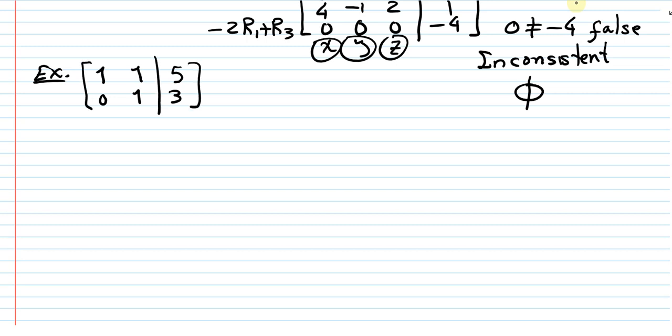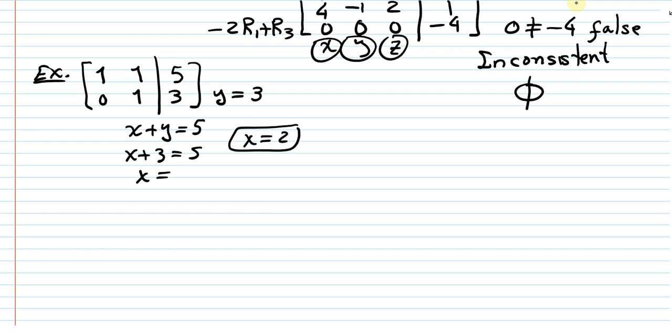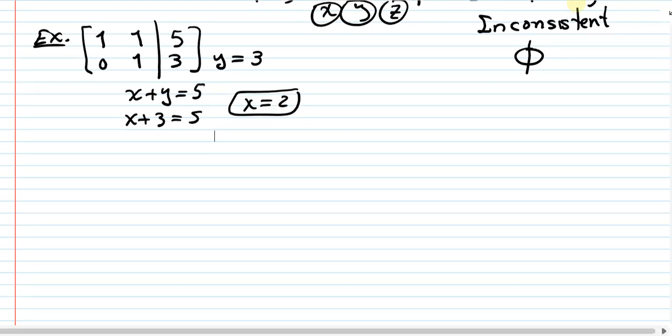So we have the matrix form, and the variables here, because I have two equations, two unknowns, are x and y. And let's say we just want to use back substitution to solve the system. Remember, the second row means y is 3. The back substitution: x plus y is 5. x plus 3 equals 5. So x is 2. Well, pretty easy.